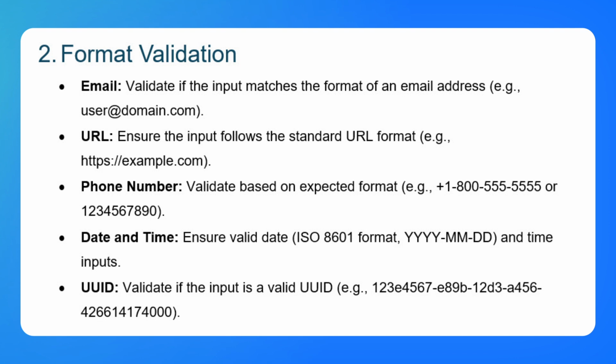Phone number should be validated based upon, for example, if we are using US, then the proper US format should be followed. In this case, you can see we have the format. Date and time: ensure a valid date in ISO 8601 format, year, month, day, and time input. UUID: validate if the input is a valid UUID. And here you can see the example.